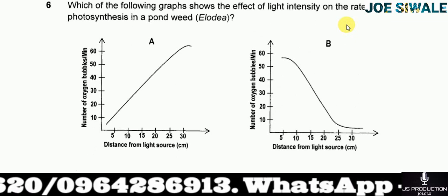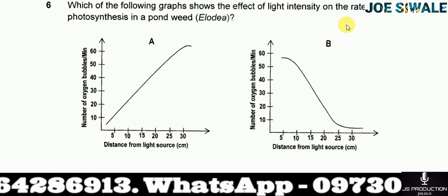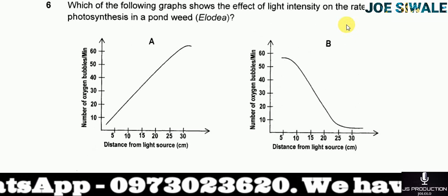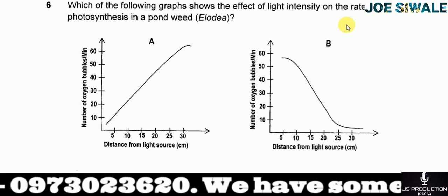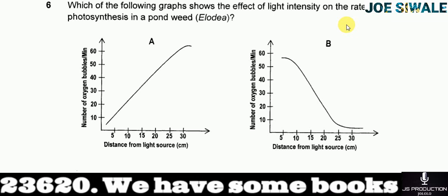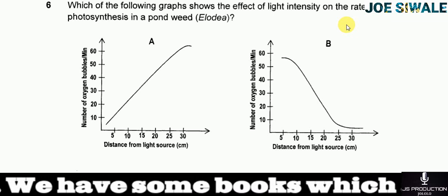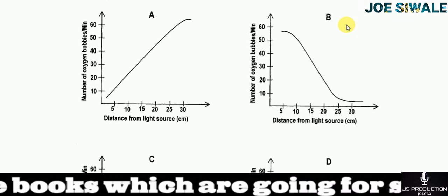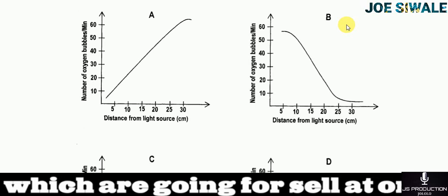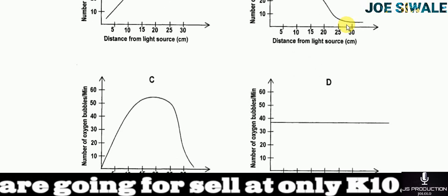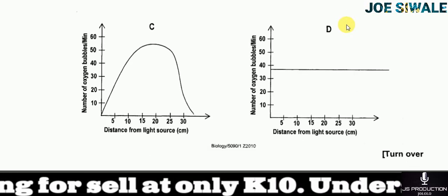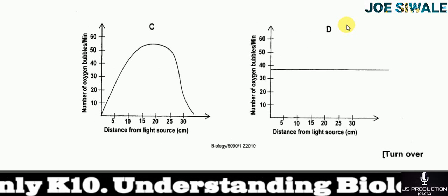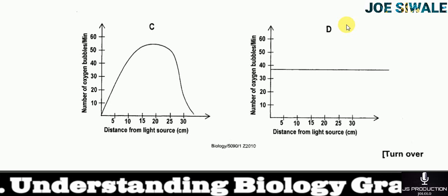I have number of oxygen bubbles per minute, and I have distance from the light source. So if I look at graph A, that cannot be the answer. If I look at graph B, that cannot be the answer. If I look at graph C, that's my answer. And if I look at graph D, that cannot be my answer.